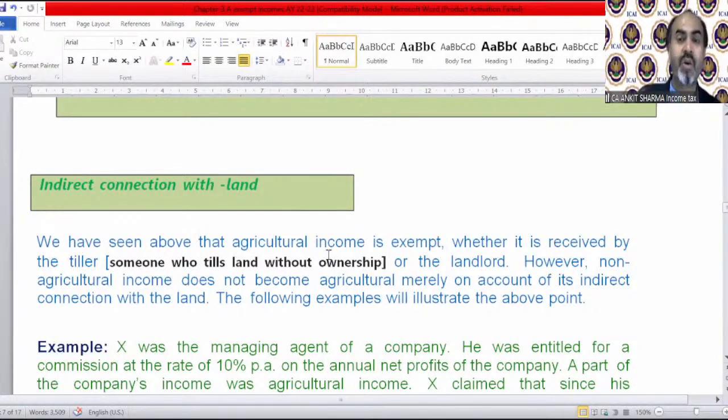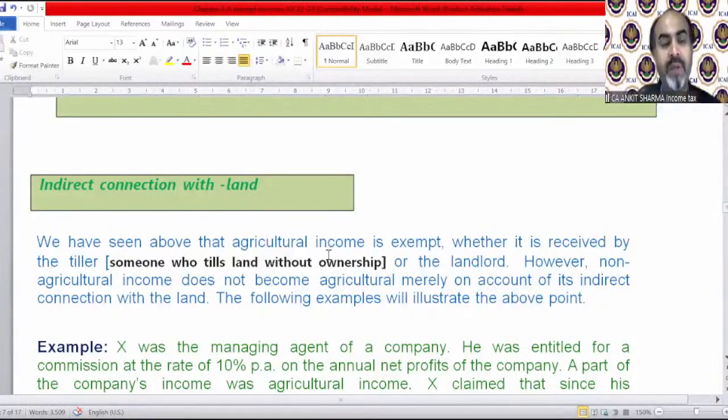But those who are working on my behalf on that agricultural land, I am paying them wages or salary. So they are earning wages or salary. That salary is not their agricultural income because they are doing work. Whether I ask them to work in agricultural activity or non-agricultural, they are technically earning salary or wages. They cannot say that we are working for agricultural activity, so this is also our agricultural income. No. Why no? Because in the provisions we have just studied, there is no concept that salary income which is used for agricultural activity will be treated as agricultural income in the hand of employee.